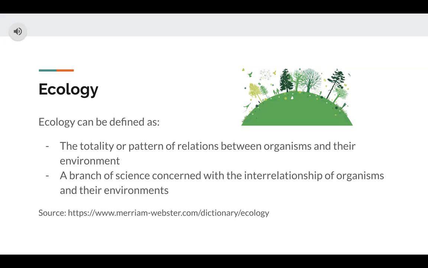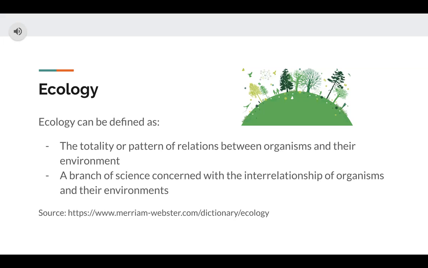That just basically means the whole or the sum of, and then we have of relations between organisms and their environment. So if we think about organisms, we think about living creatures. This can mean animals, this can mean plants. It's basically any living thing that occurs naturally outside.